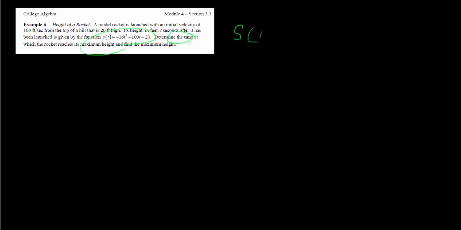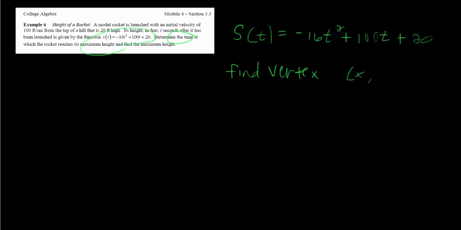So let's write the function down. s of t equals negative 16t squared plus 100t plus 20. Okay, so we're used to finding the vertex, and when we find the vertex, say vertex (x, y), the x value is when we have the maximum or minimum.